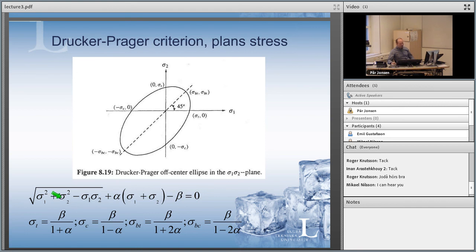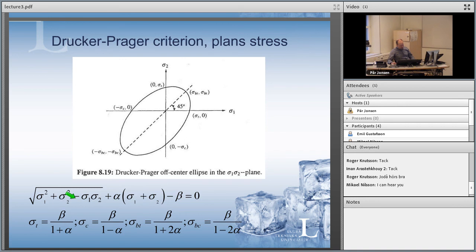And also here I have just written out the formula. This is how you can write it with principal stresses. You have alpha, and it's affected by sigma 1, sigma 2, and you have your beta. But also this von Mises part here, you can write like this, in plane stress.